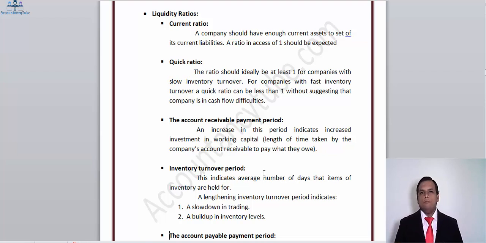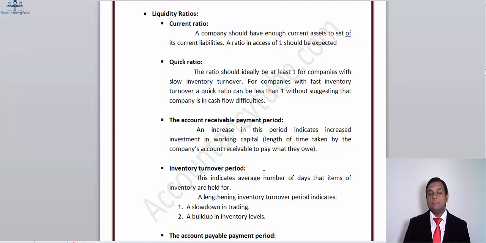If the ratio starts to fall below 1, it means that its current liabilities are increasing significantly, and it's quite obvious that if a business is unable to set off even its current liabilities, its going concern assumption becomes questionable, and it's quite likely that it will be filing for protection from creditors soon. So that's for the current ratio. This ratio should be at 1 at minimum.